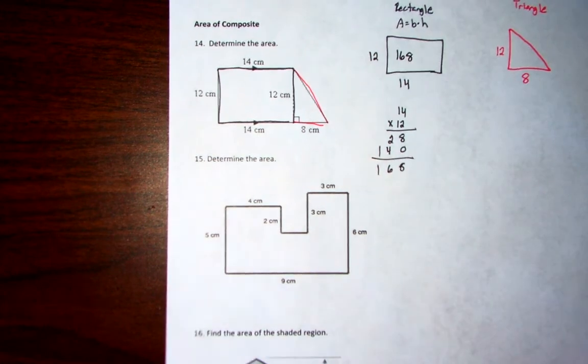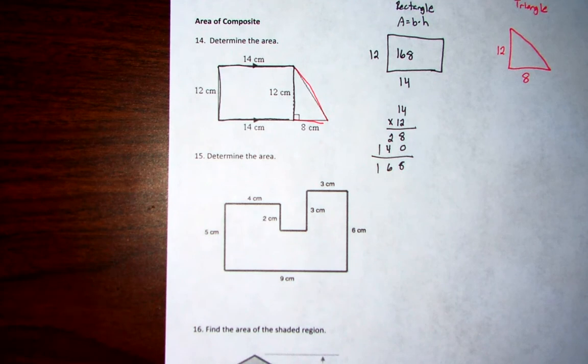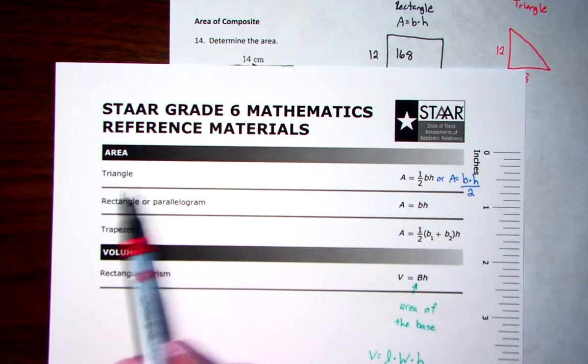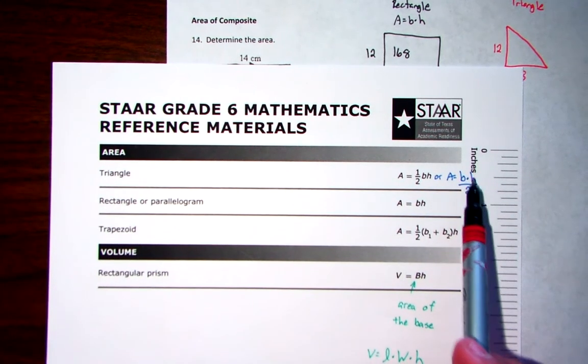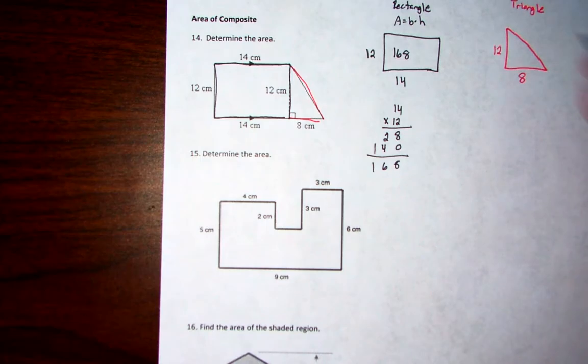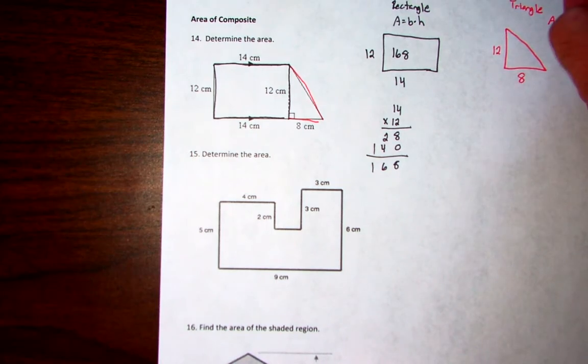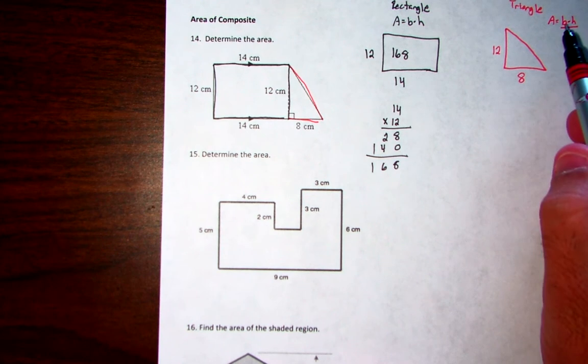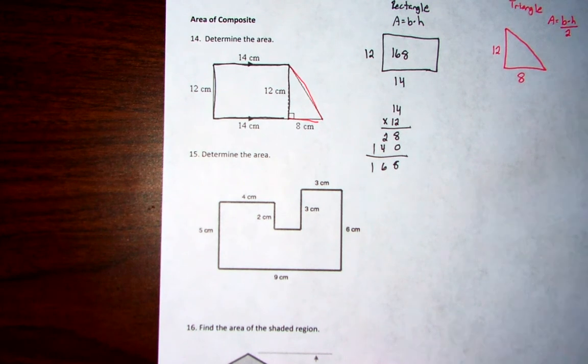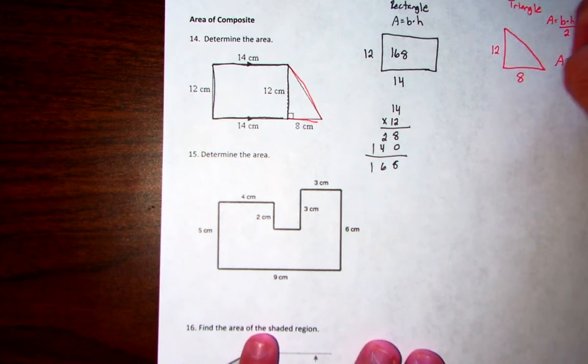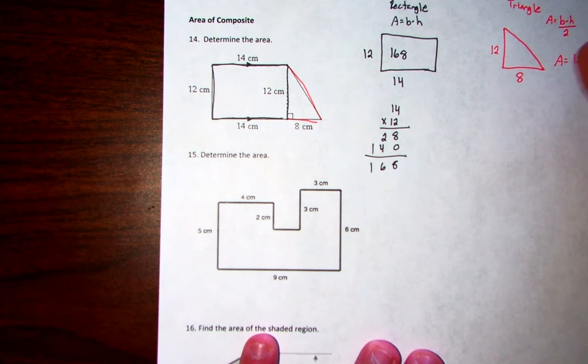And now I have to do the triangle. Area for the triangle is base times height divided by 2. Well, my base is 8. My height is 12. 12 times 8 is 96.